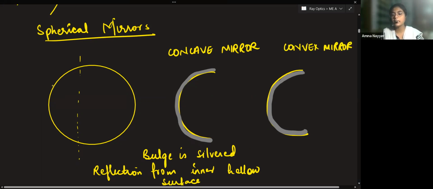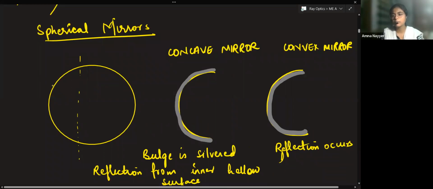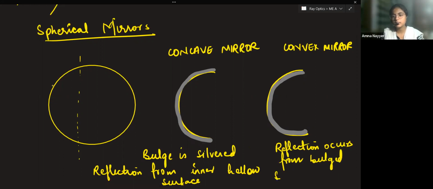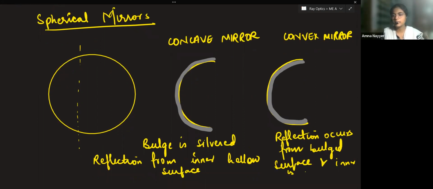And here the reflection occurs from the bulged surface, and the inner surface is polished or silvered.